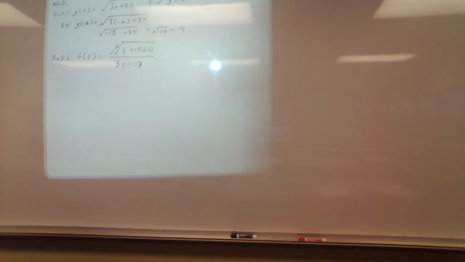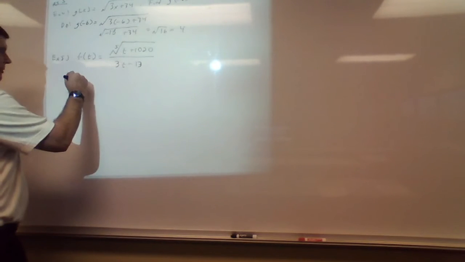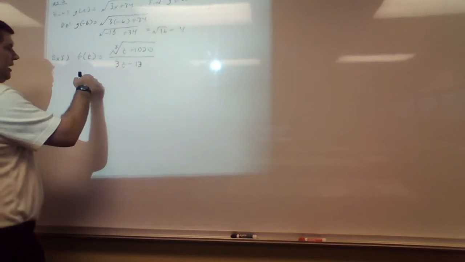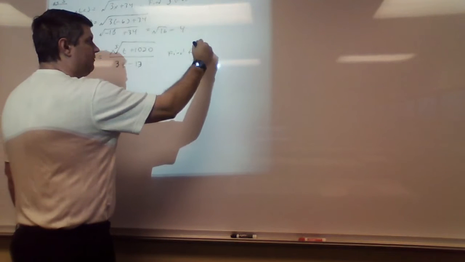Okay, now for this, I'm going to do the top and bottom separately, and then I'll combine the results later. Actually, let me go ahead and finish the problem. Find f of 4.